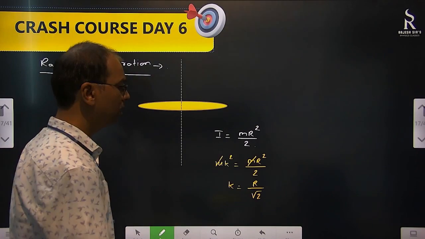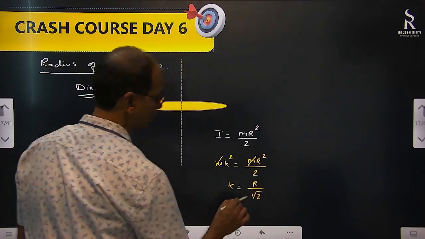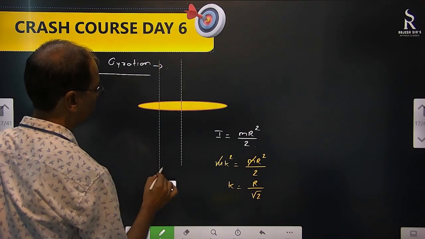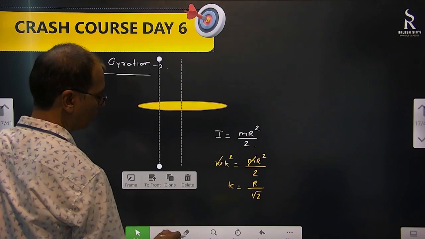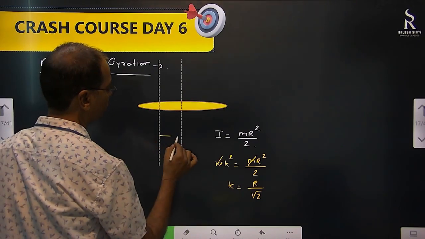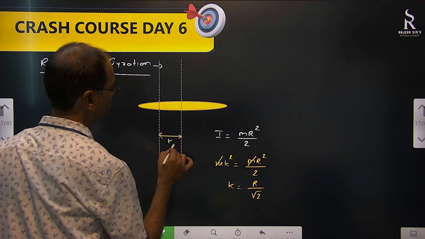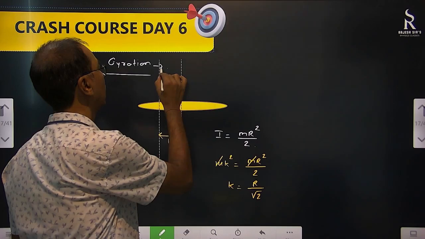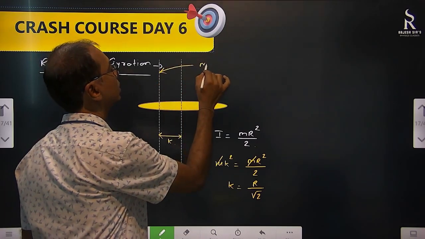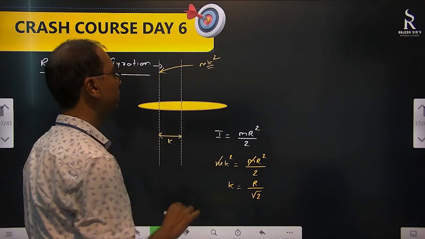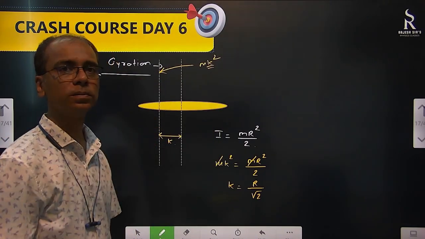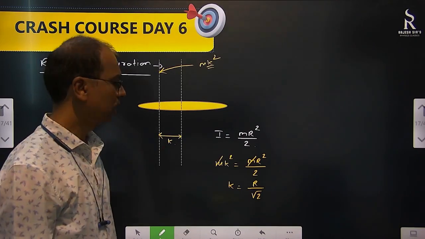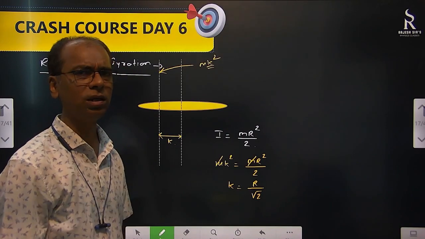It means another axis which is at distance k from this one. About this axis, the moment of inertia is mk square, where k represents the distance between these two axes. This is radius of gyration. Can we calculate this radius of gyration for anything and everything?